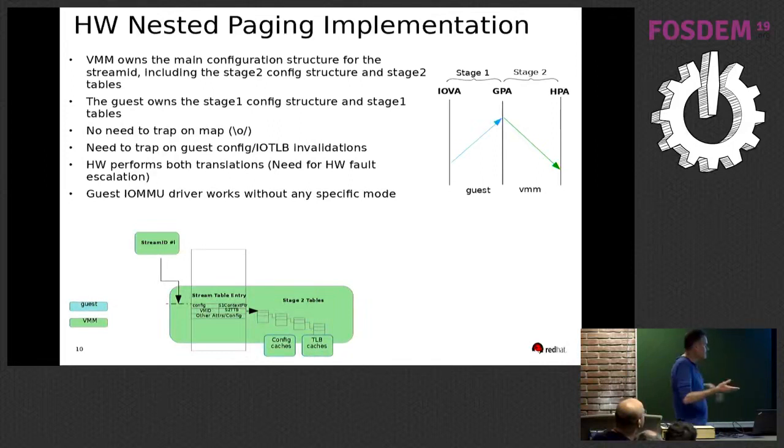In that case it is straightforward, because you have two logical stages to map onto the two physical stages. One stage is mostly owned by the guest operating system, and the other stage is owned by the virtual machine monitor.